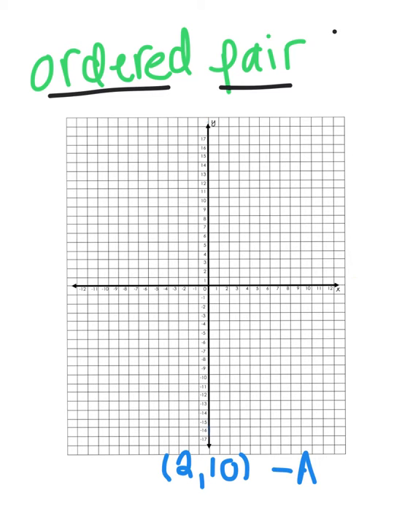You always start with the x-axis. So you need to go this way and this way first. So we need to find 2. Well, I'm going to start at my origin, go on over. Oh, there's my 2. So I know I'm going to start here. But that's not where point A is, because this ordered pair also says that I need to have the number 10.